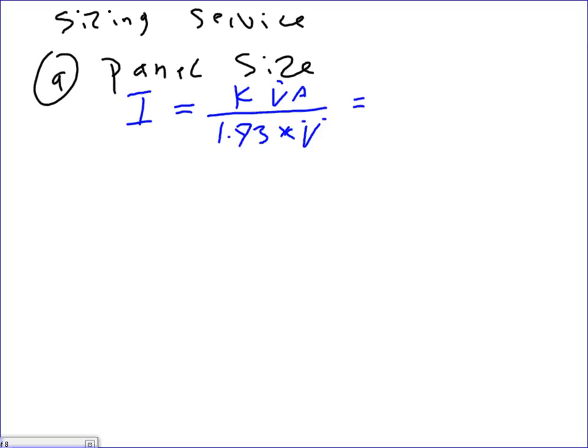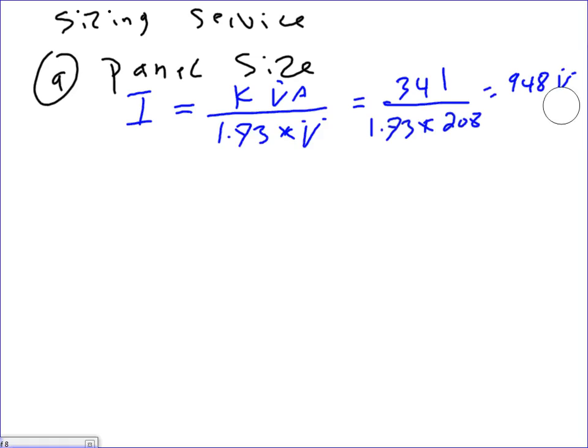What was the kVA, guys? 341 divided by 1.73 times 208, and don't forget there is a K. I have 948 amps. When it comes to sizing panels and conductors, guys, we're talking amps.